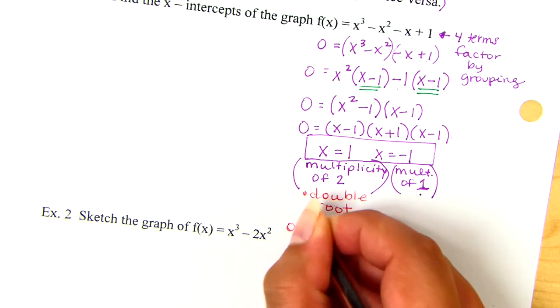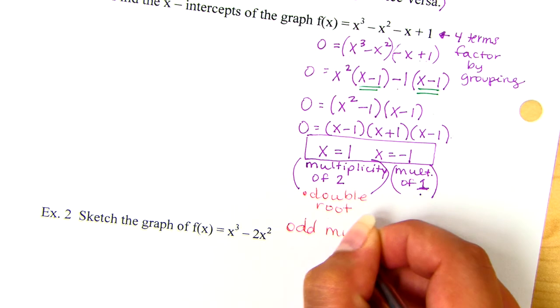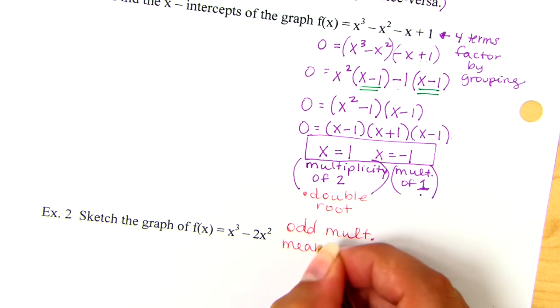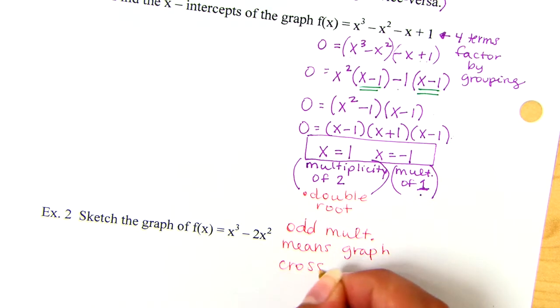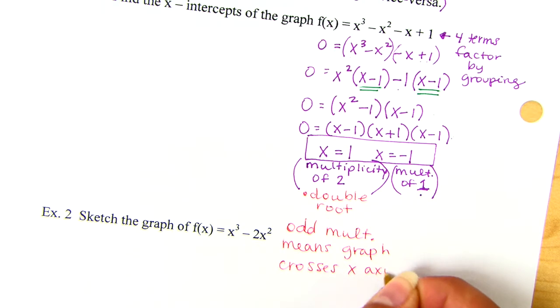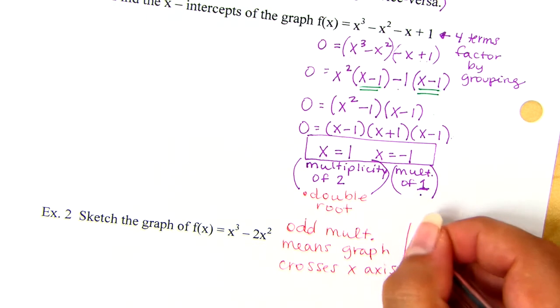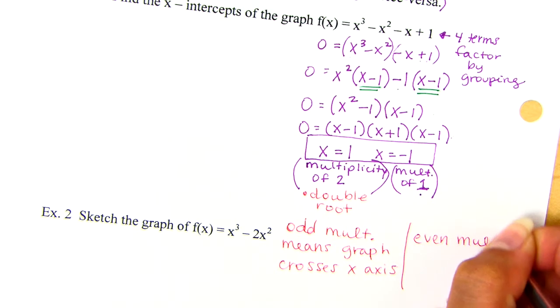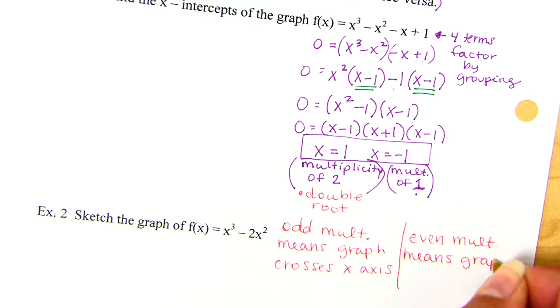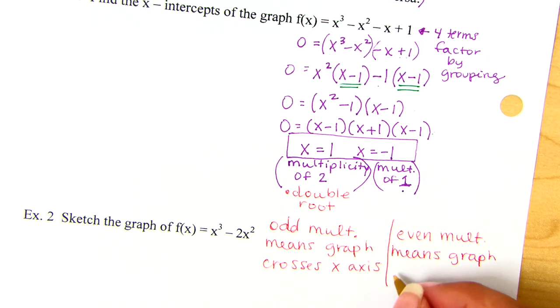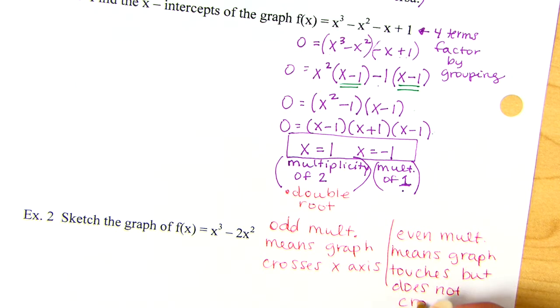Odd multiplicity means graph crosses x-axis. Even multiplicity means graph touches but does not cross x-axis.